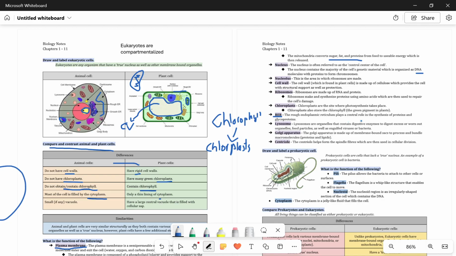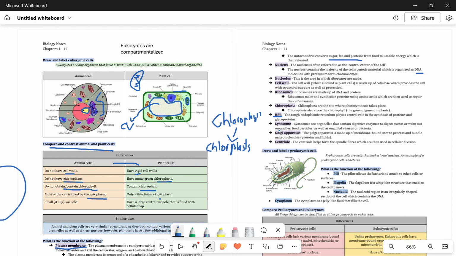Then you have RER, rough endoplasmic reticulum. It plays a central role in the synthesis of proteins and glycoproteins. Then you have lysosomes, organelles that contain digestive enzymes to digest excess or worn out organelles and food particles, as well as engulf viruses or bacteria. It's like your protective organ that guards you from damage.